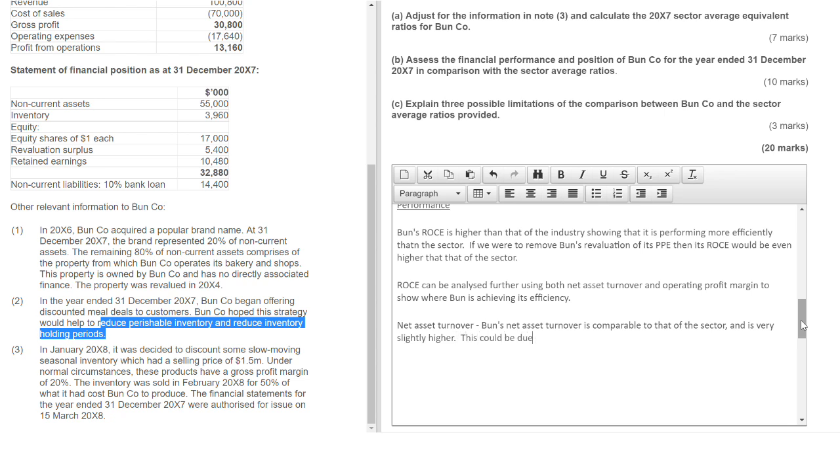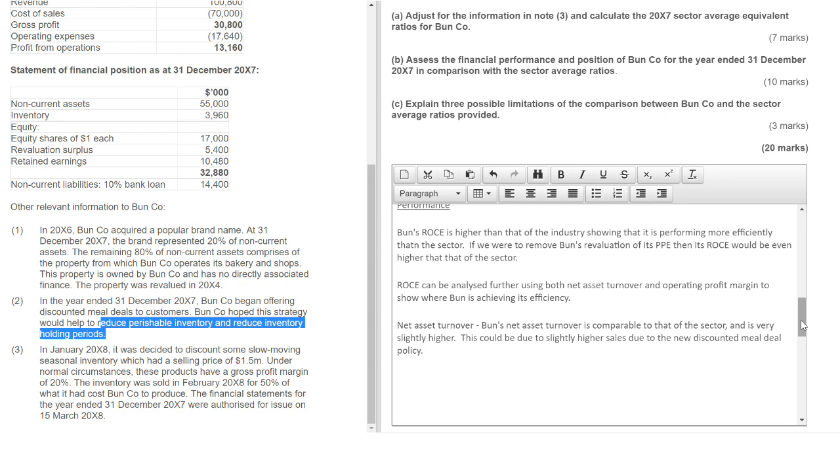This could be due to slightly higher sales due to the new, what was it called? Discounted meal deal policy. So just using something from the notes.